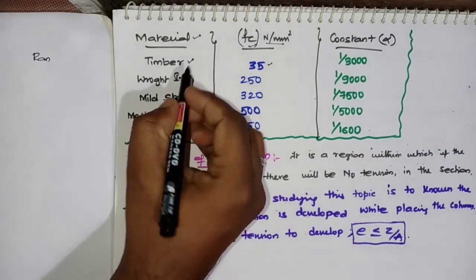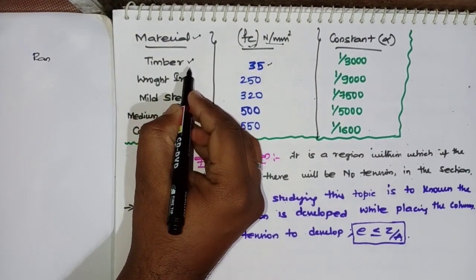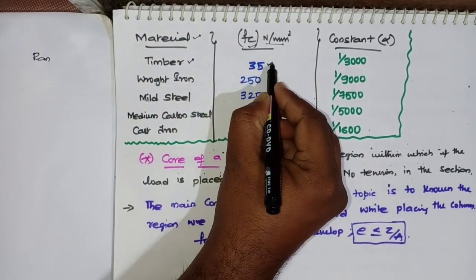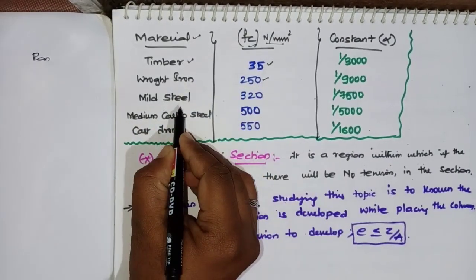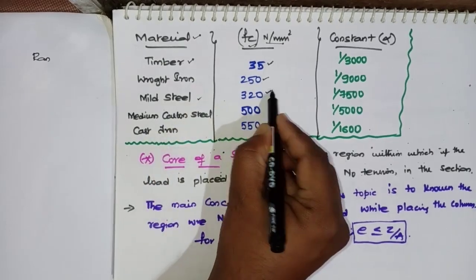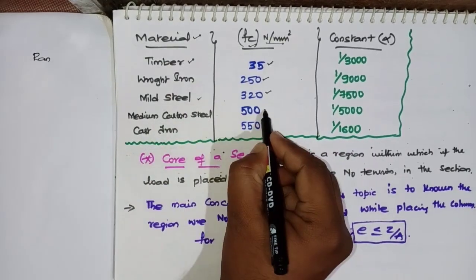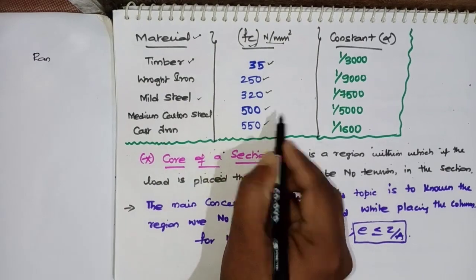For timber the Fc value is 35 Newton per mm square. For wrought iron it is 250 Newton per mm square. For mild steel 320, medium carbon steel 500, and cast iron 550.